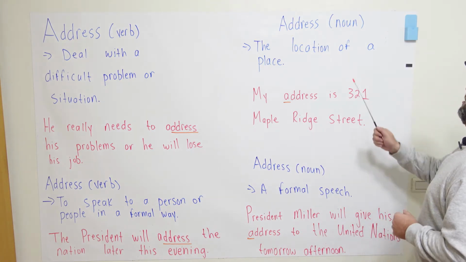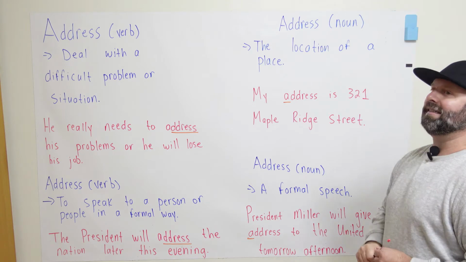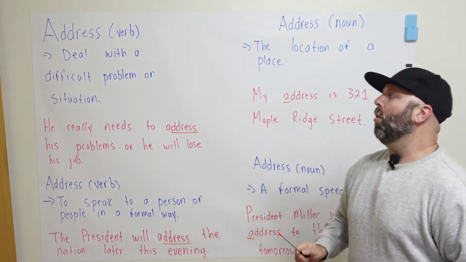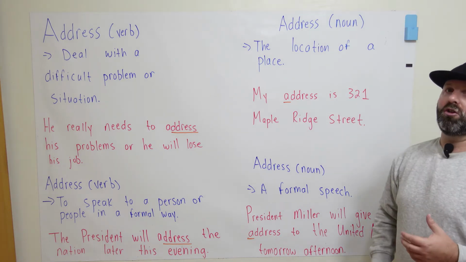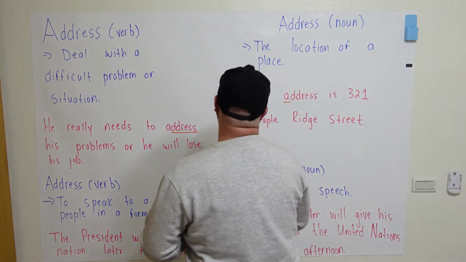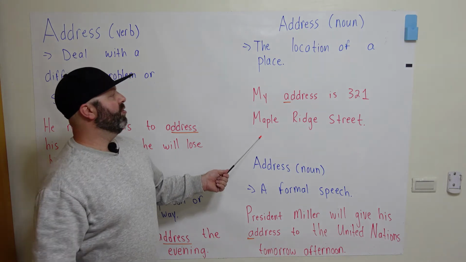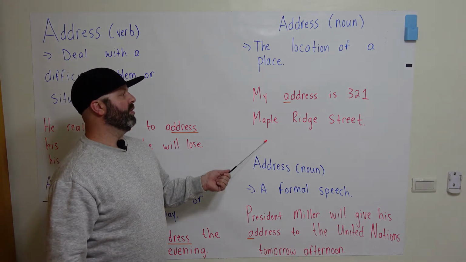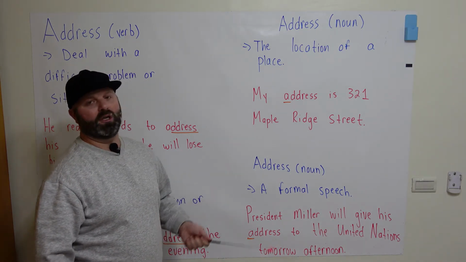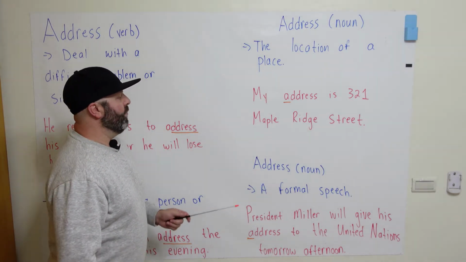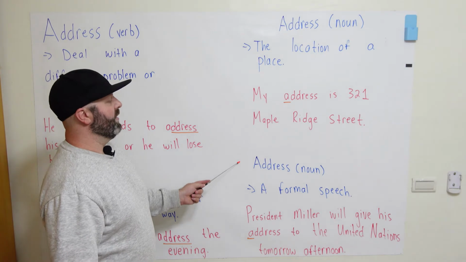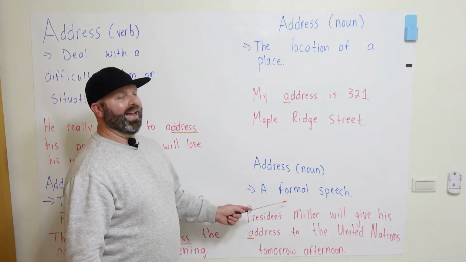Now, let's take a look at address as a noun. Now, one of the ways we can use address as a noun is just simply the location of a place, okay? So my address is 321 Maple Ridge Street. That's where this person might live, okay? Now, another way we can use address in the noun form is a formal speech.